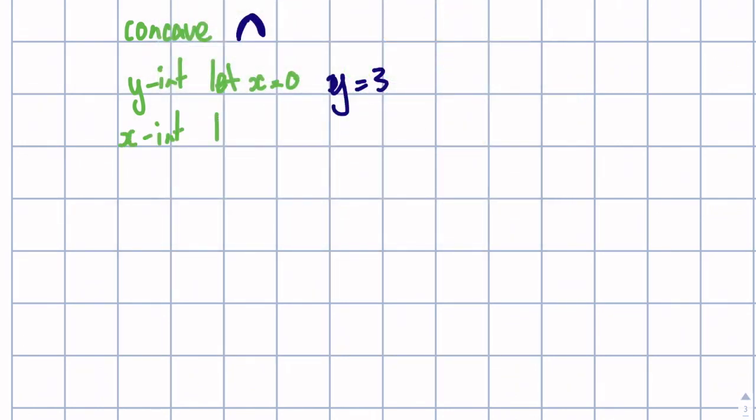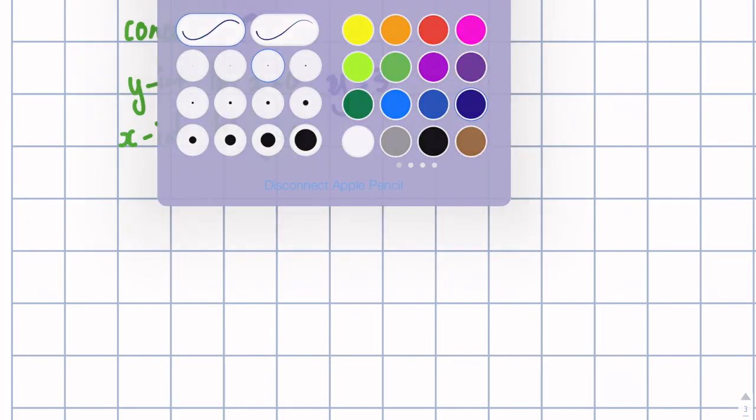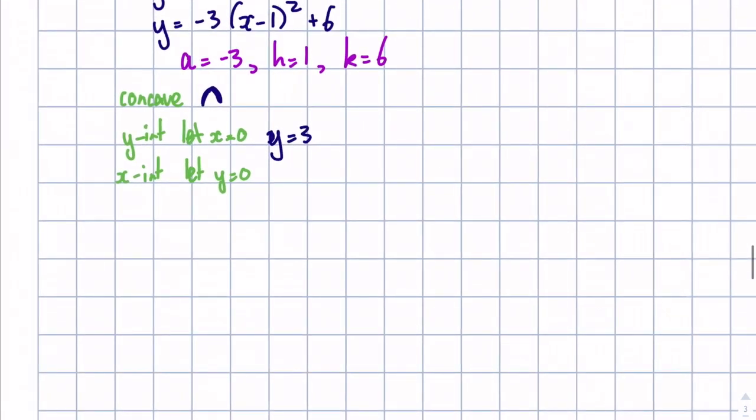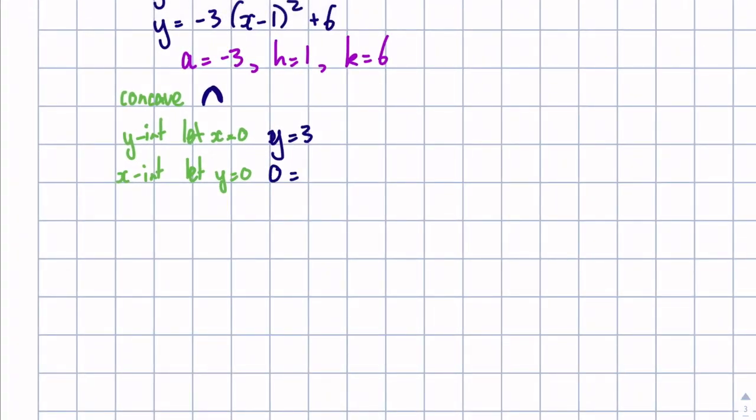X-intercept: let y equal 0. We're going to do this with our completed the square form. So I've got 0 equals negative 3 (x take 1) squared plus 6. Take that positive 6 over, I get negative 6 equals negative 3 (x take 1) squared. Have to divide by negative 3 first.